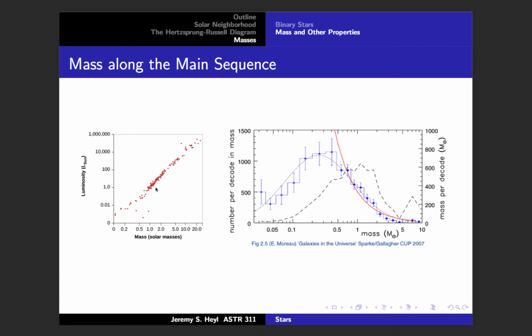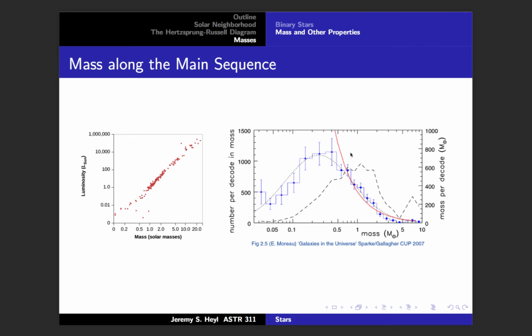So why we get stars of different luminosities and different colors has to do with their mass. That's the main thing that makes a difference. So if we look at the stars in our neighborhood, we can count how many stars there are of different masses. And what it shows here is that as we go to faint, lower masses, we get more and more stars.